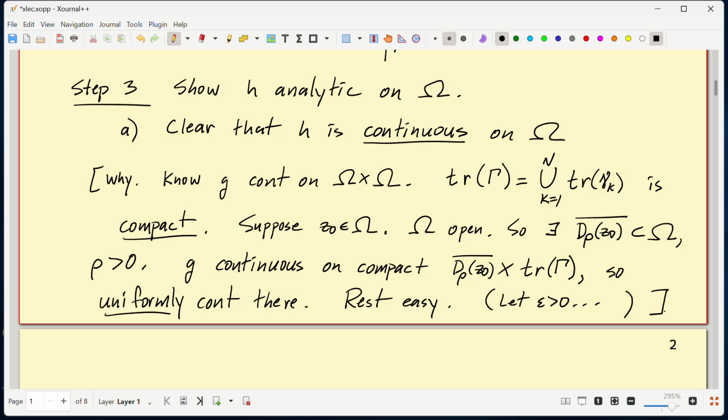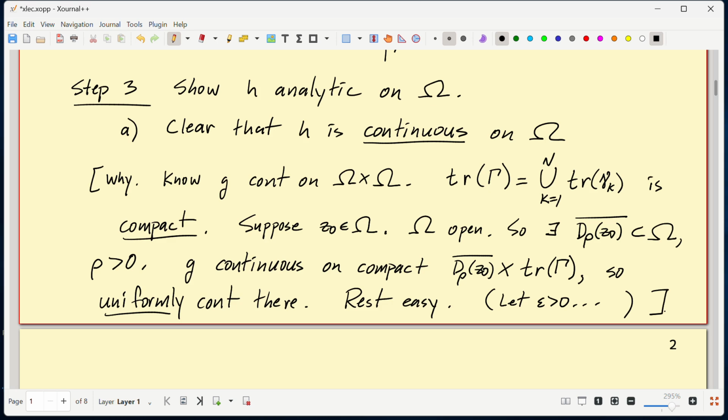Well, you're integrating over a compact set, and so you got to make sure it's uniformly small on that compact set. And that's uniform continuity, basically. Once you have uniform continuity, then you're right. That's all there is to it.